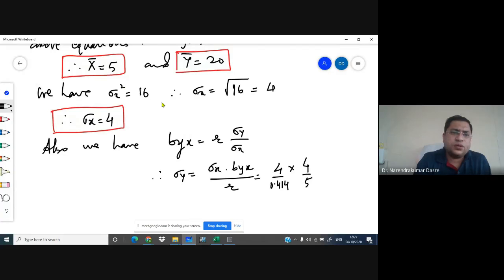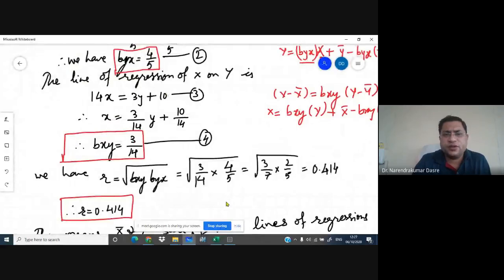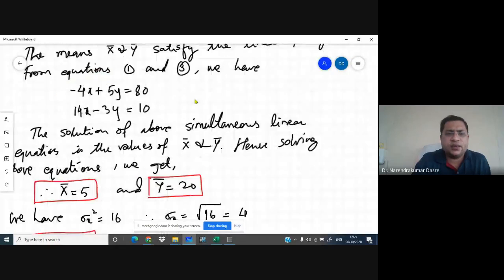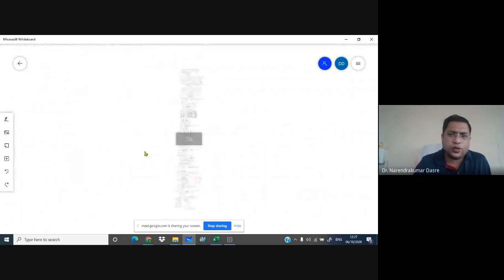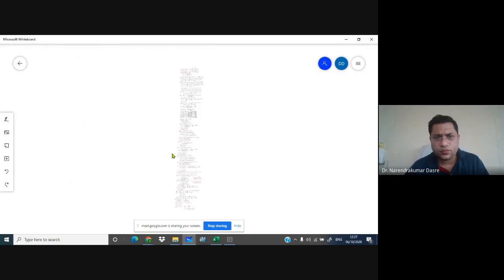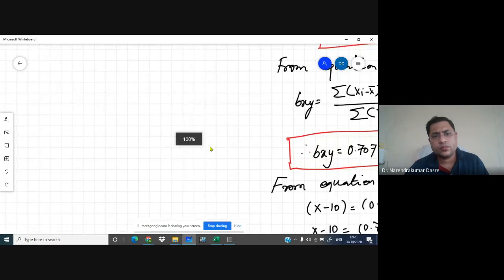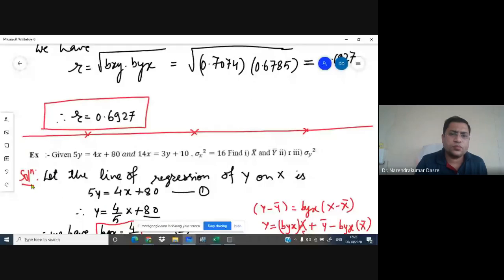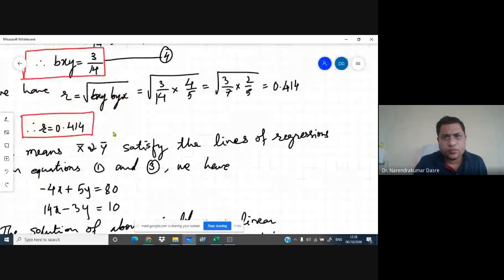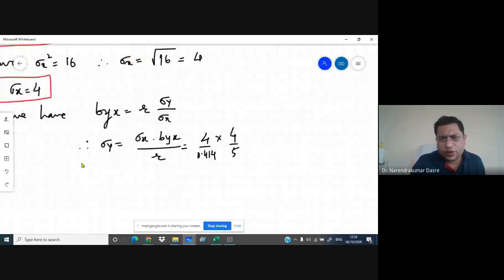We have calculated byx and r, and we know sigma x, so we can put in all these values. So give me the value of sigma y, what are you able to get?